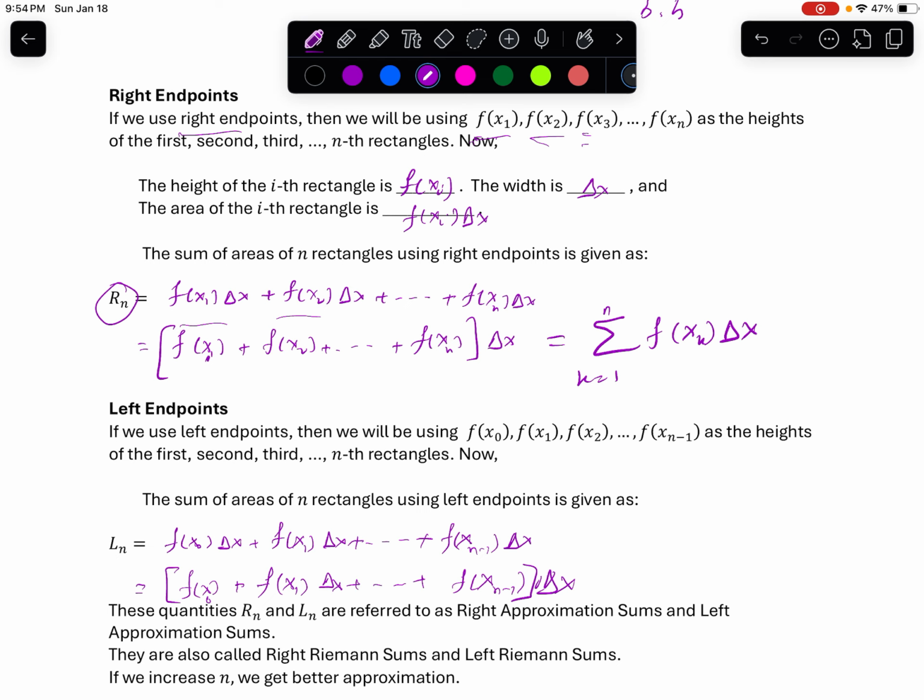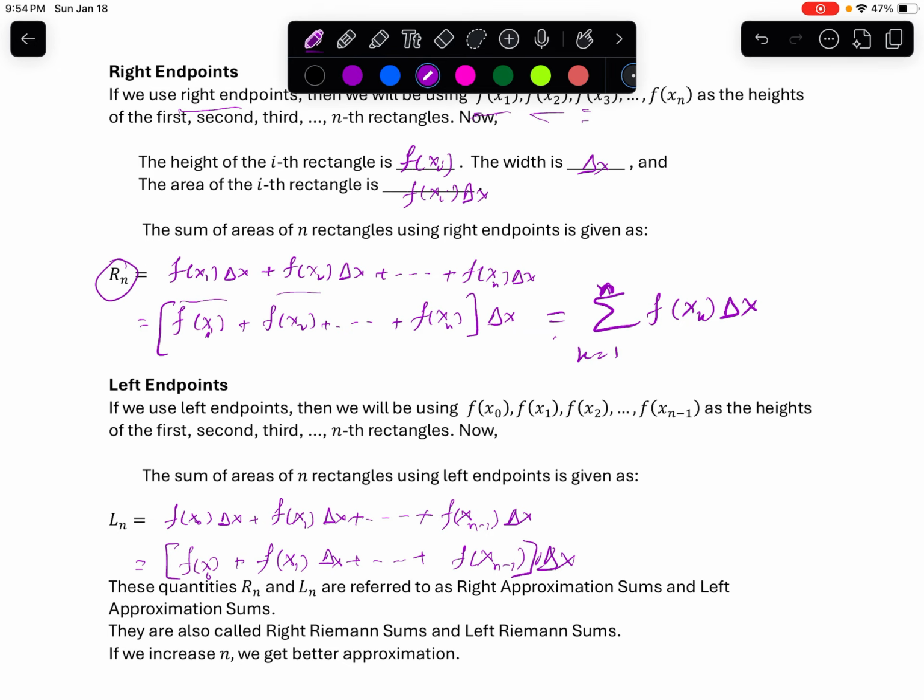Now can I move the delta x out here? We don't see a k in here, but remember, do not move it out yet. When we do the calculations, if we need, we can move it out. First, we have to know exactly what delta x is.